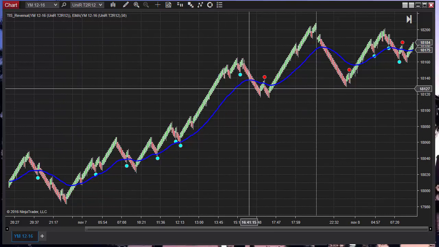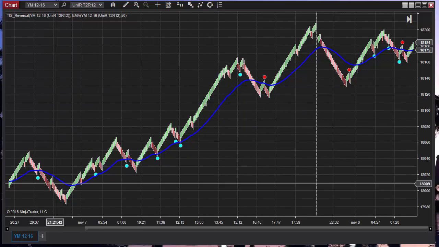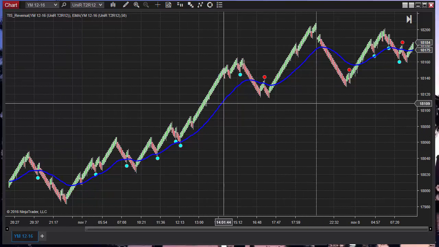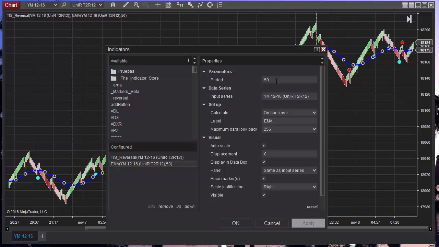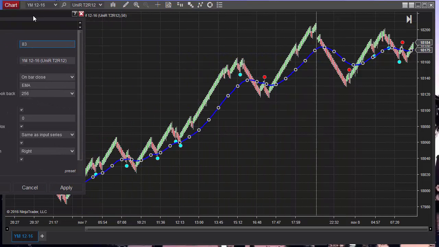If we make the period of the blue line slower, so we get a more linear behavior on this line, let's say 83, or maybe even slower, like 100. Now the slope is always positive on all the uptrend, so we can avoid that short.